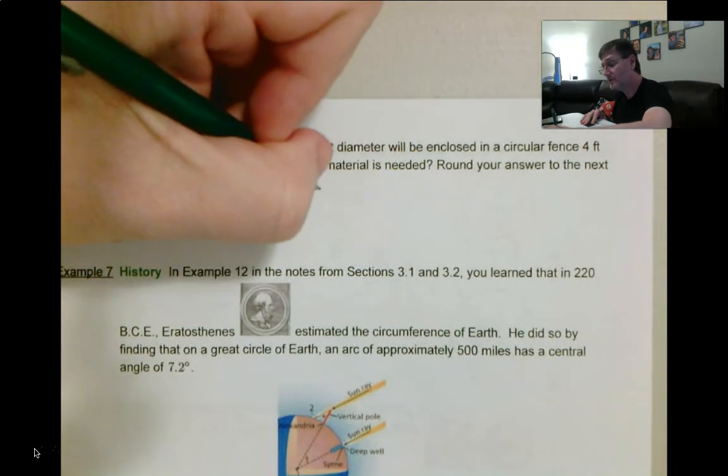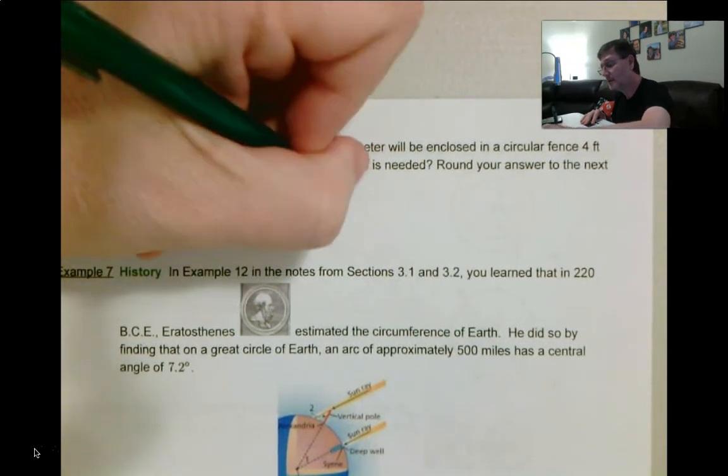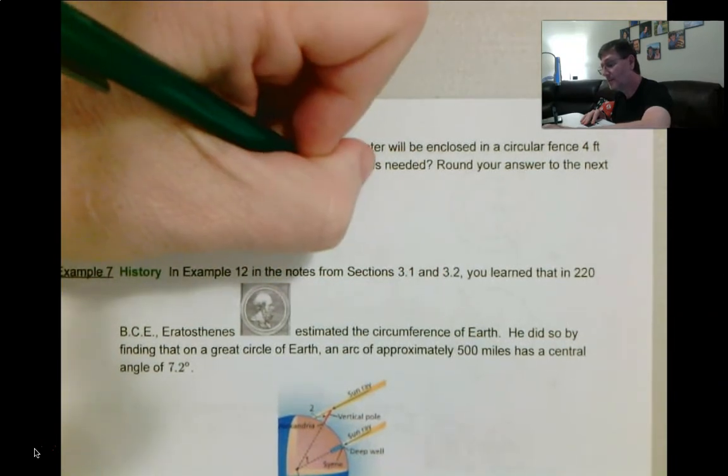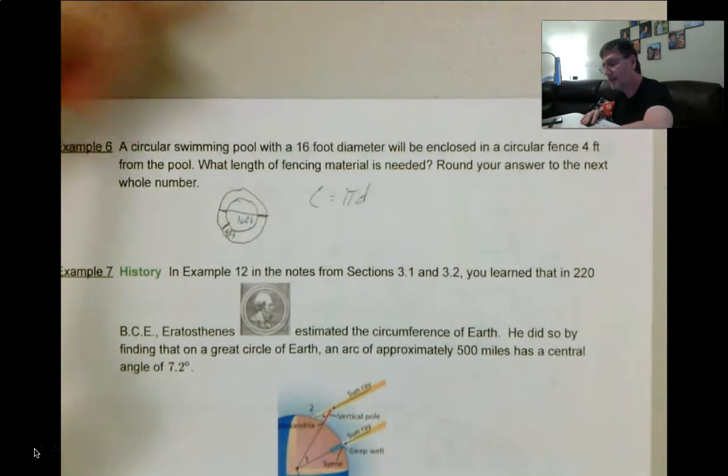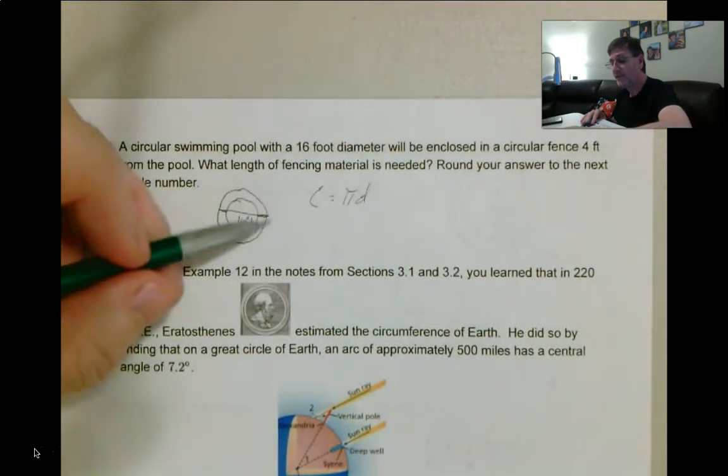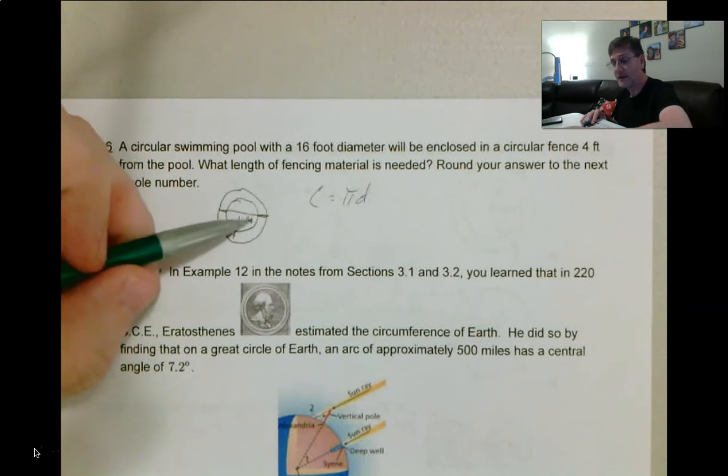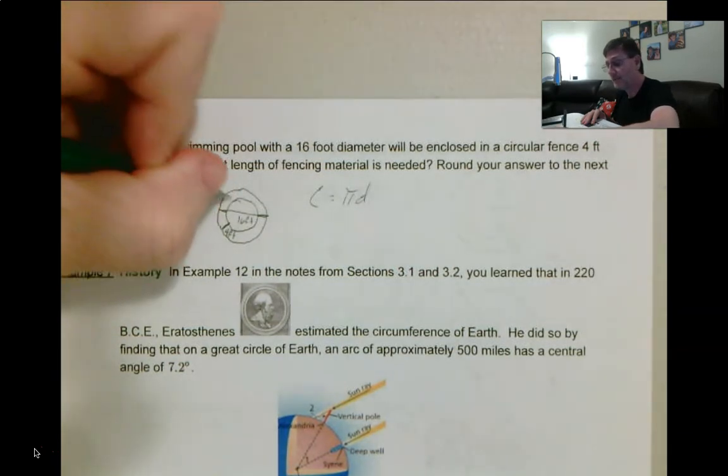So now circumference equals pi d. The diameter of the fence is not 20, it's 24 feet.